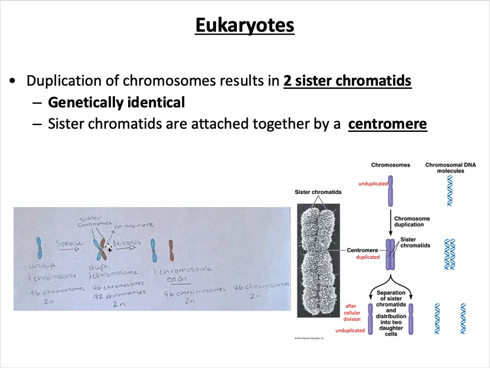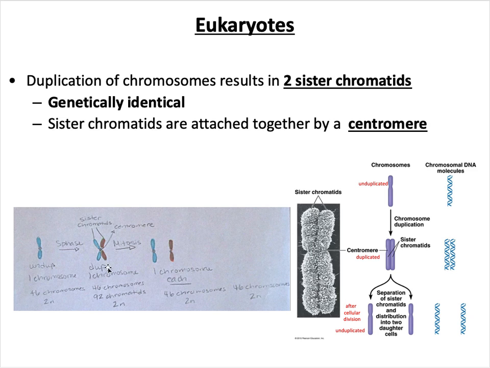They're held together by a band of DNA called the centromere. So this little dot represents the centromere that holds these two sister chromatids together. So this whole thing right here, that's one chromosome. This is also one chromosome, but this is in the unduplicated state. This is the duplicated state.